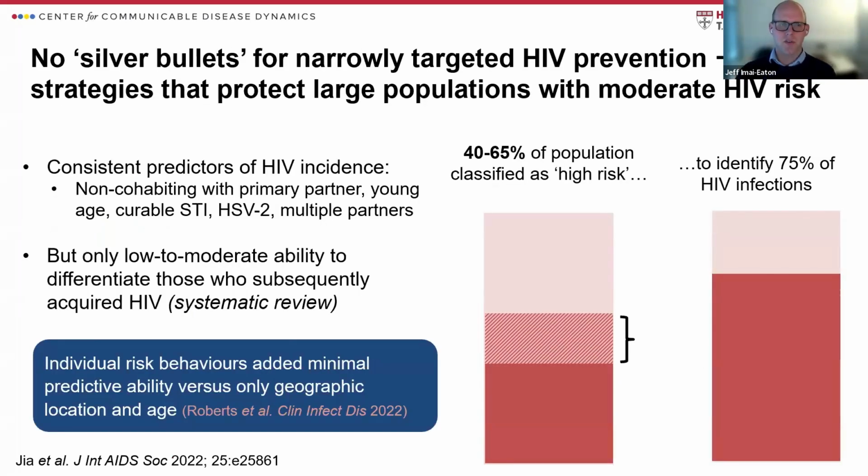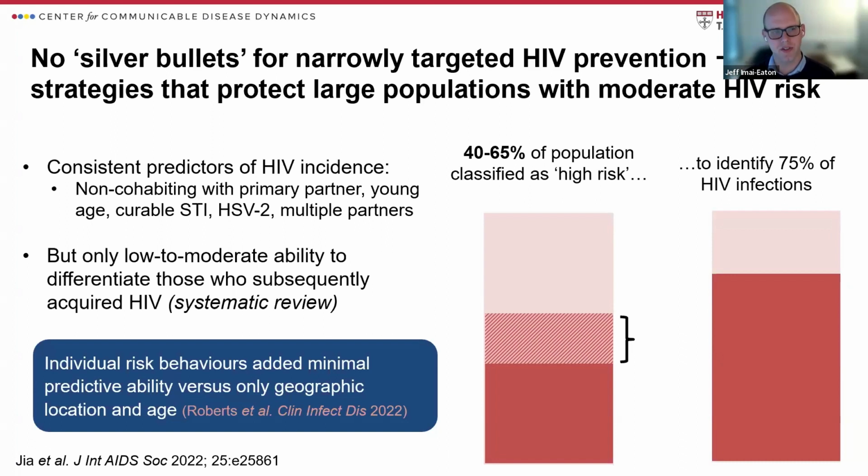Another important message that comes from our epidemiologic data is thinking about how we can target our HIV prevention strategies. This is evidence from a systematic review of HIV risk score papers that have tried to identify consistent predictors of HIV incidence and see the extent to which we can use those predictors to identify the population groups at highest risk of acquiring HIV infection.